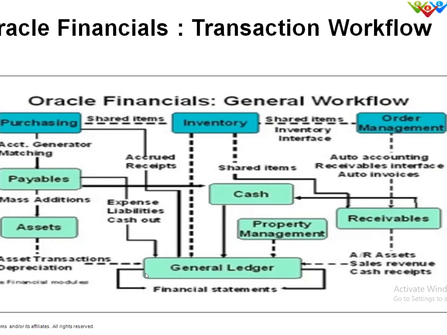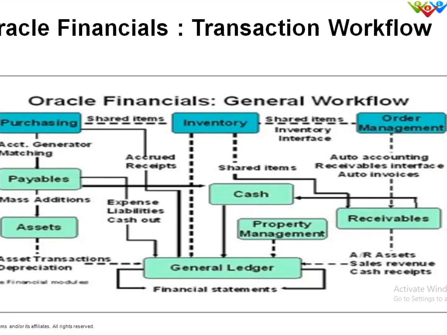So this is a central repository, GL. It will receive all your accounting entries, and then you will have a final trial balance in GL. And from the trial balance, you will generate all your financial statements, which are going to be profit and loss, P&L, and balance sheet.